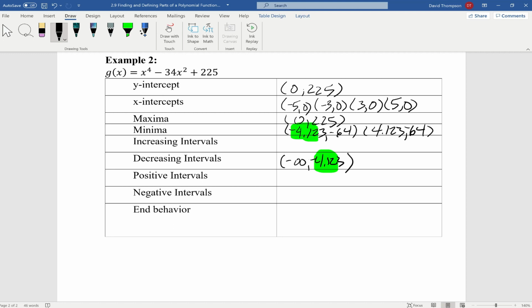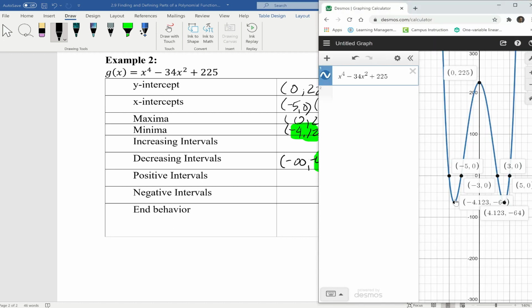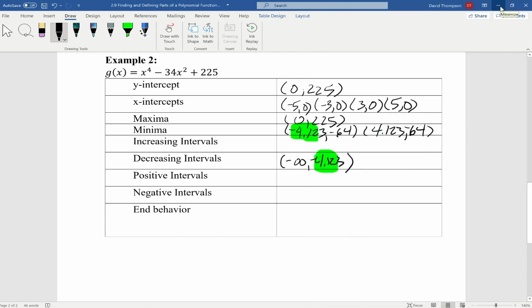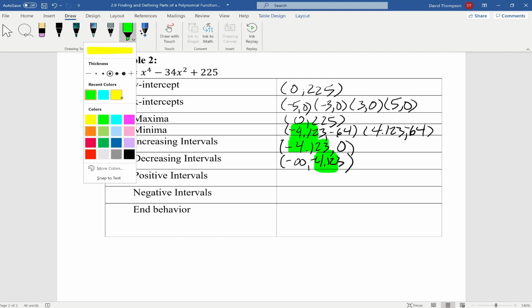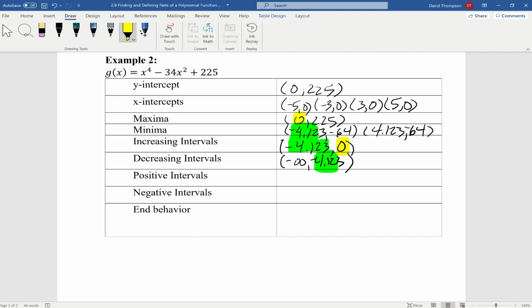And then we go from decreasing to increasing to our max, so negative 4.123 to 0. This is using our min, and this is using the x-coordinate of our max.